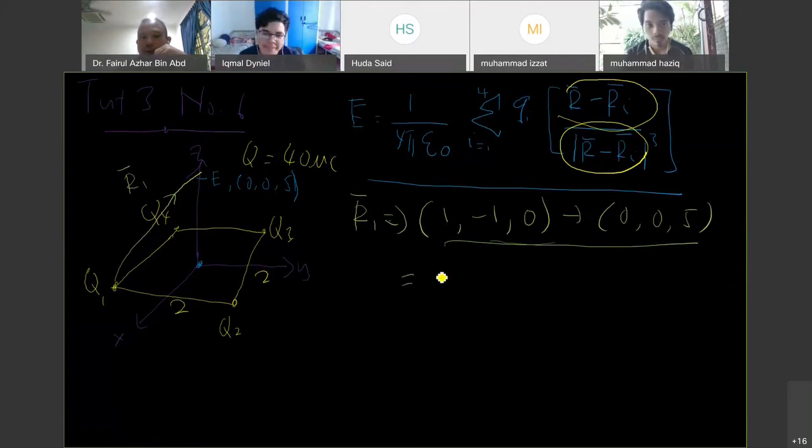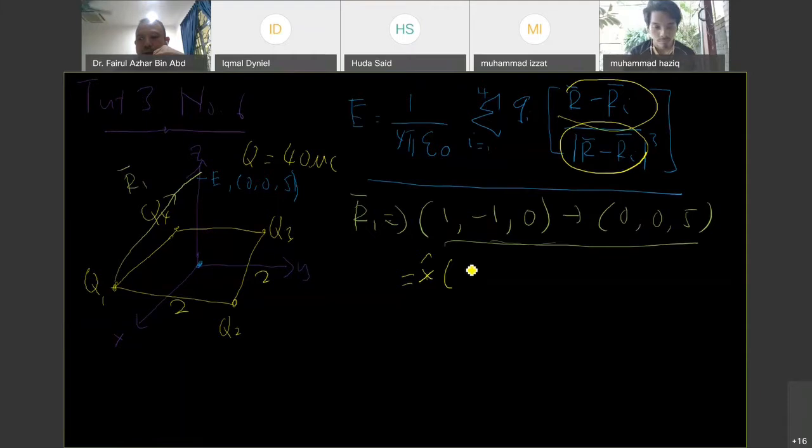For the x component, 0 minus 1; plus y, 0 minus minus 1; plus z, 5 minus 0.